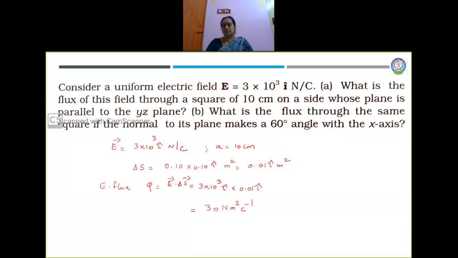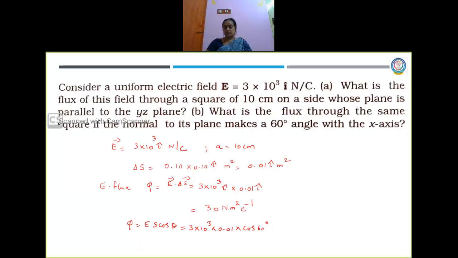But the second question is, what is the flux through the same square if the normal to the plane makes an angle of 60 degrees? Now we use the same formula, but this time we will write ES cos theta. We have an angle, so substitute once again. It is 3 into 10 power 3 into 0.01 into cos 60.